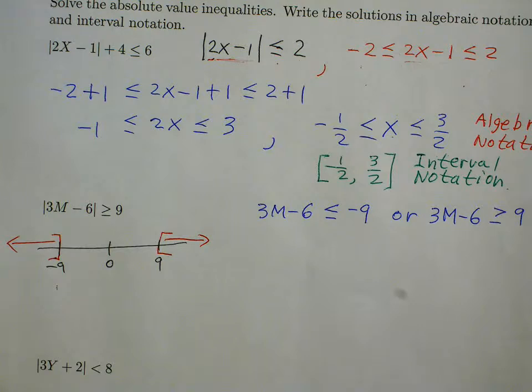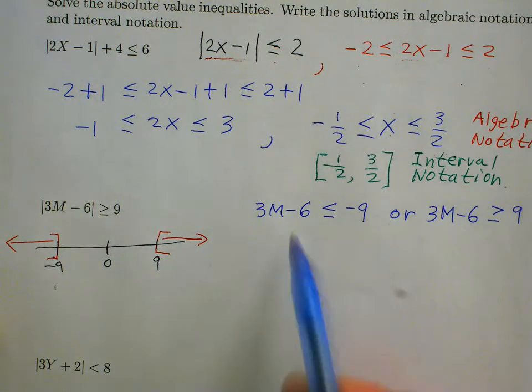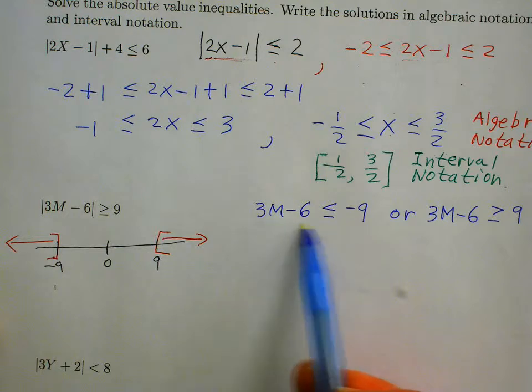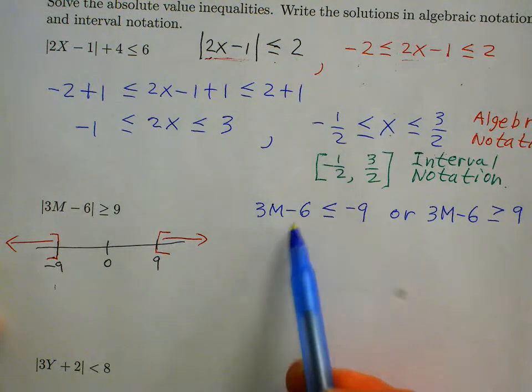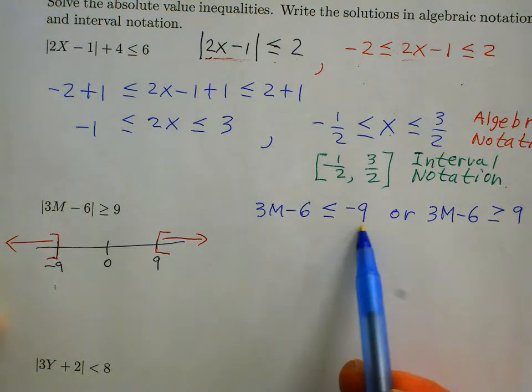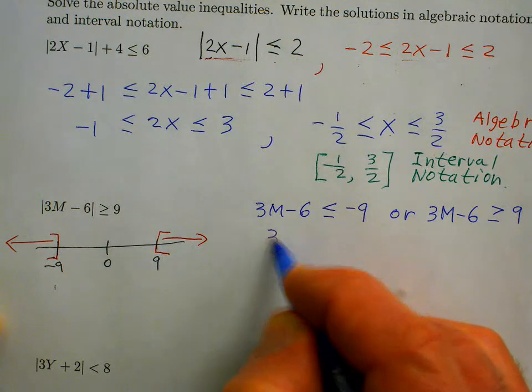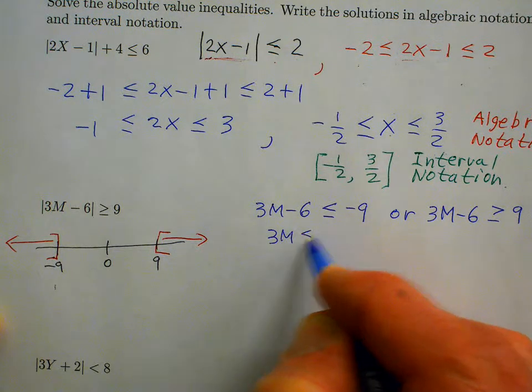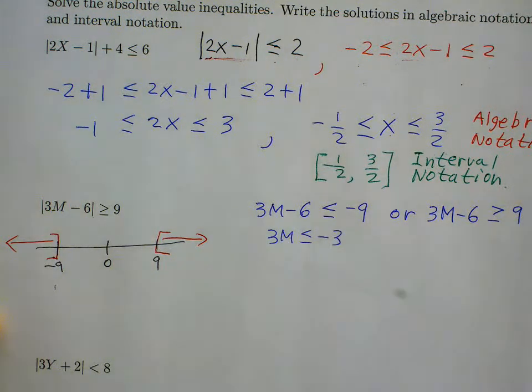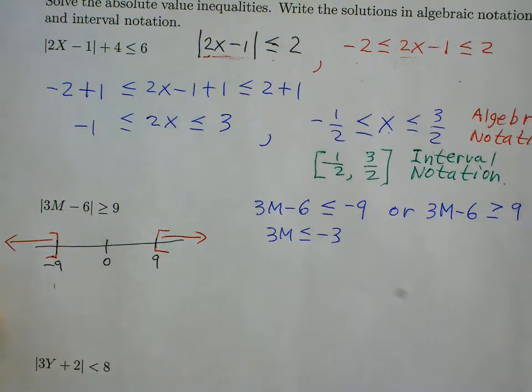We learned how to solve inequalities a couple of days ago. So if 3m minus 6 is less than or equal to negative 9, first add 6 to both sides, and we get 3m is less than or equal to negative 3, because negative 9 plus 6 is negative 3.